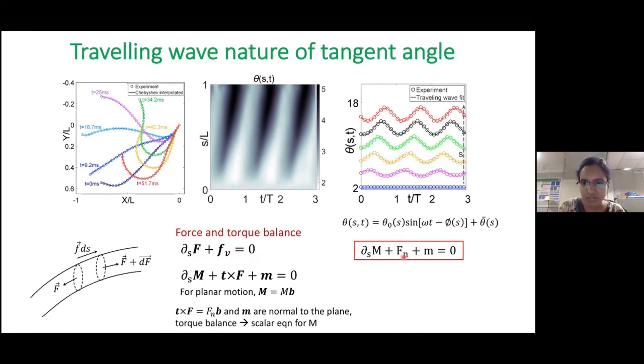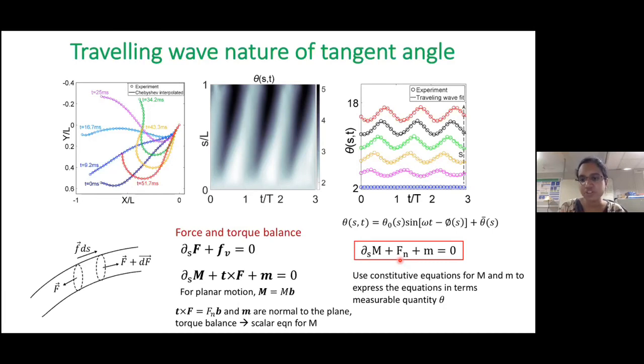So the viscous term is being carried here. And now what I'm going to do is use simple constitutive equations for the moments that are acting on the cross section as well as acting on the surface, by relating them to the measurable quantity, the tangent angle in our case.